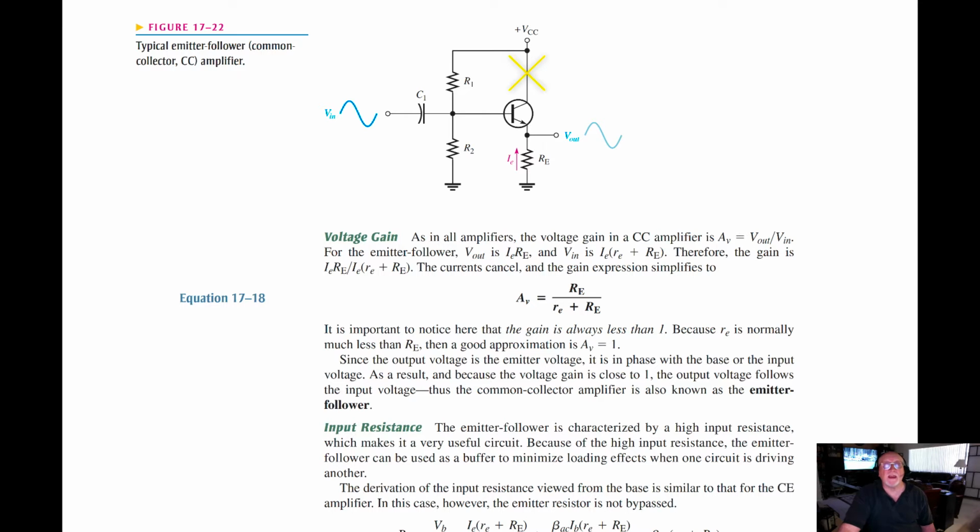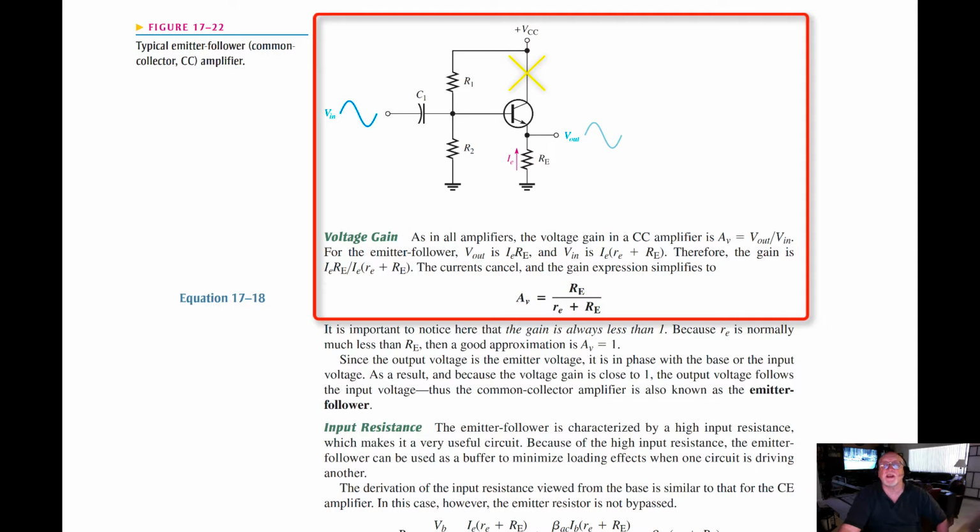As far as voltage gain, as in all amplifiers, the voltage gain in a common collector amplifier is defined by A sub V equal V out over V in. For the emitter follower, V out, the output, is the emitter current times the resistor value Re. The V in is I sub E, the emitter current, times the sum of the internal resistance little r sub e plus the emitter resistor Re.